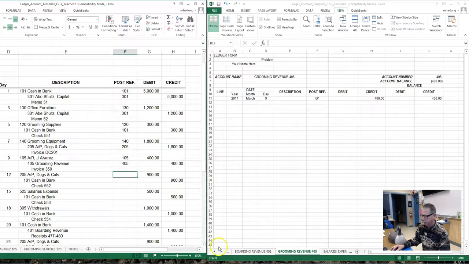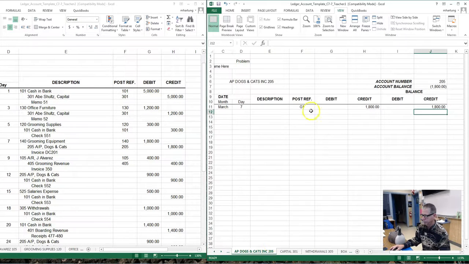Accounts payable, dogs and cats. Made a payment on the 12th. That's a debit, 900. Now remember, we still have a credit balance here.